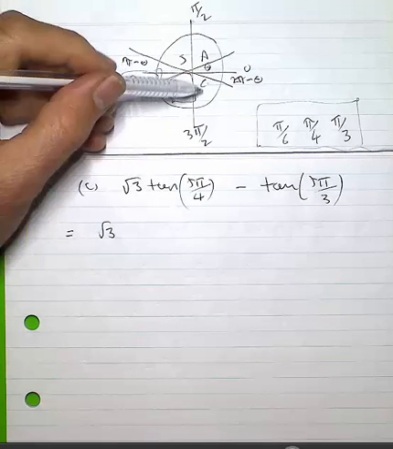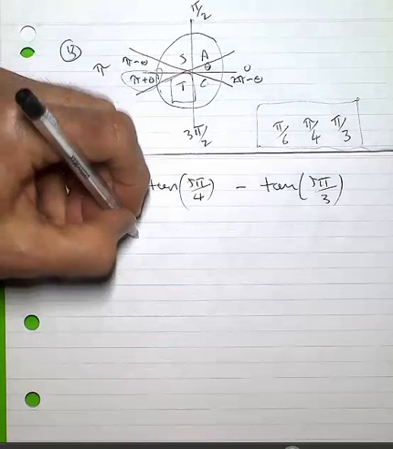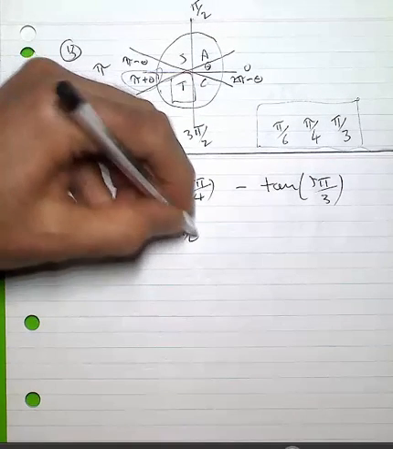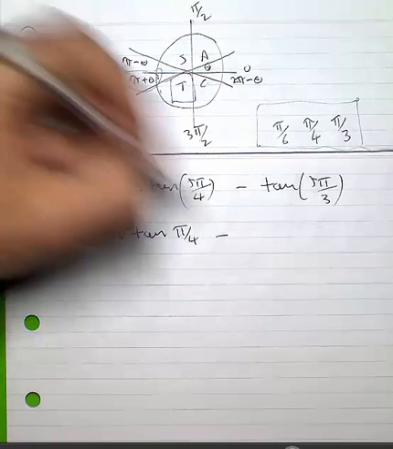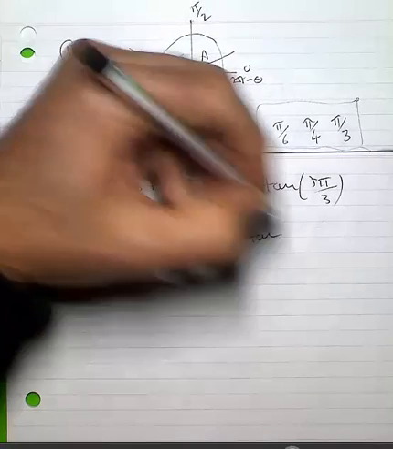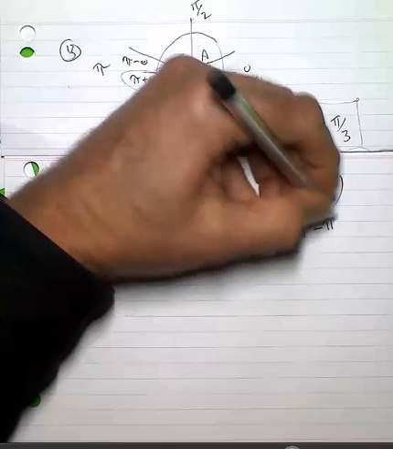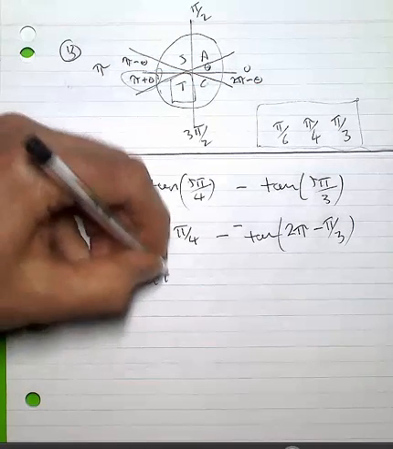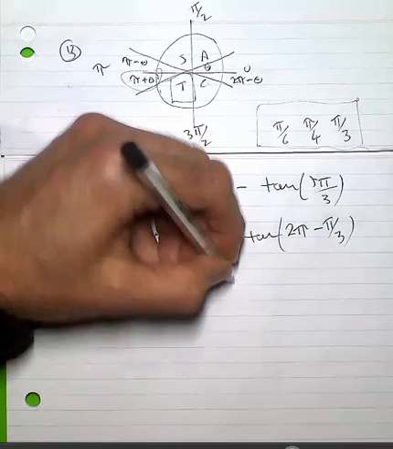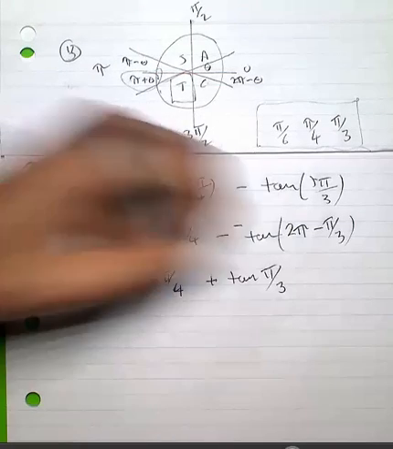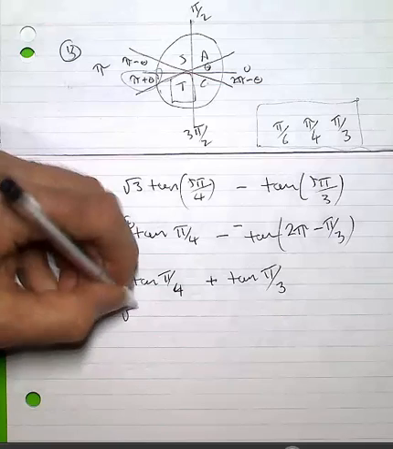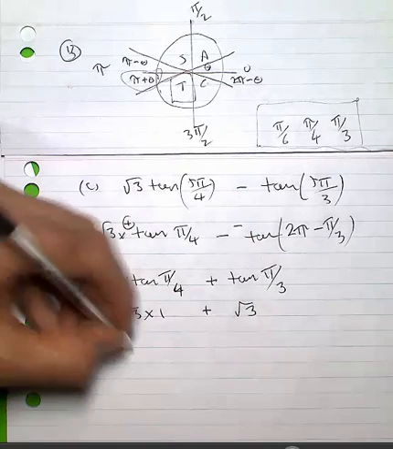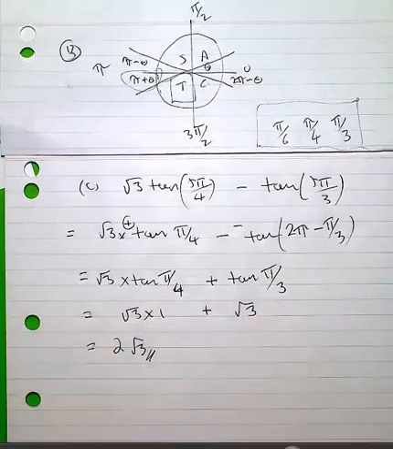The first is in the third quadrant, so tan is positive, giving tan of pi on 4, minus, and this one here will be negative tan of 2 pi minus pi on 3, which is root 3 times tan pi on 4 plus the tan pi on 3. So in that case, that's root 3 plus 1 plus root 3, or 2 root 3 as my answer.